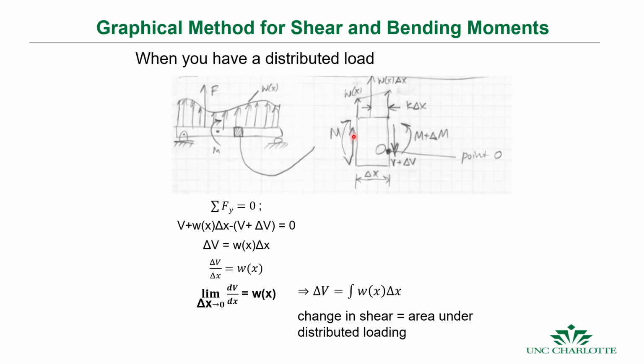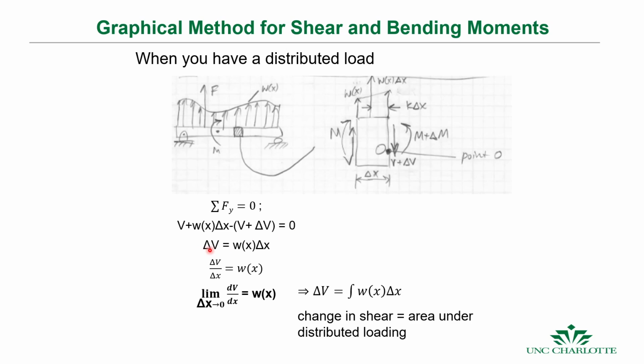And then we have the shear on this side, and it's reacted by the shear on this side. So this is V, that's the shear there, and this is V plus delta V. And obviously everything has to balance out. So if we sum forces in y, we get the shear plus the distributed load times delta x minus the shear on the other side, which is V plus delta V, is equal to 0.